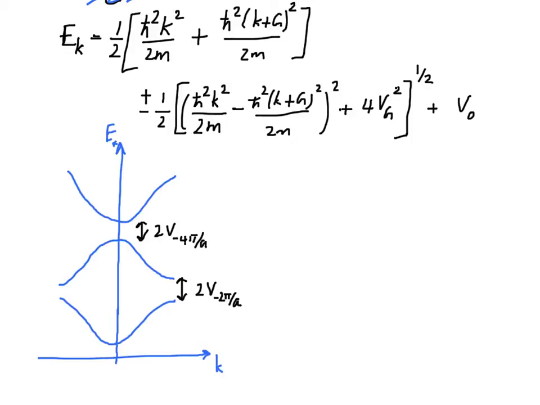Remember that we wrote the wave function as a Fourier series, and we decided to keep only two terms, right? The G equals 0 term and the G equals G prime term. So there are only two terms that remain in the Fourier expansion of the wave function.